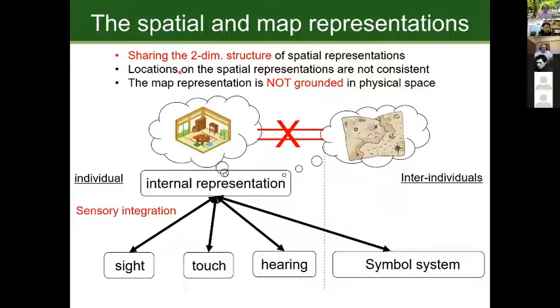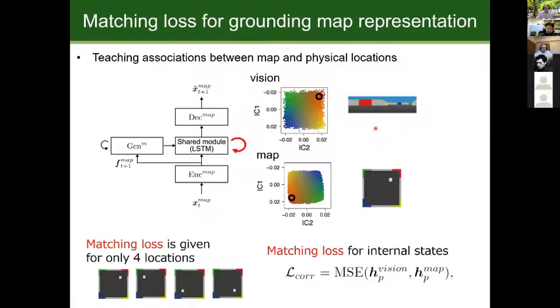Again, using the shared module neural network, they can share the two-dimensional structure of spatial representation, but the location is not consistent. So the map representation is not grounded in the physical space at the moment, right? So we introduced the matching loss for grounding map representation.